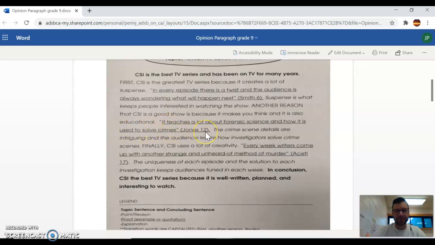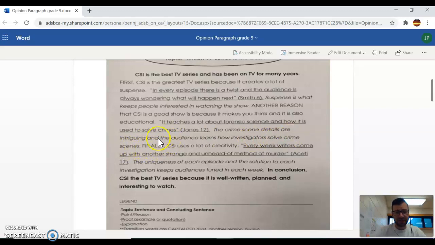Jones, 12. So these numbers here, beside the names and the evidence, is what page the person got this quote from. And then here is the explanation about the educational value of CSI. The crime scene details are intriguing, and the audience learns how investigators solve crime scenes.